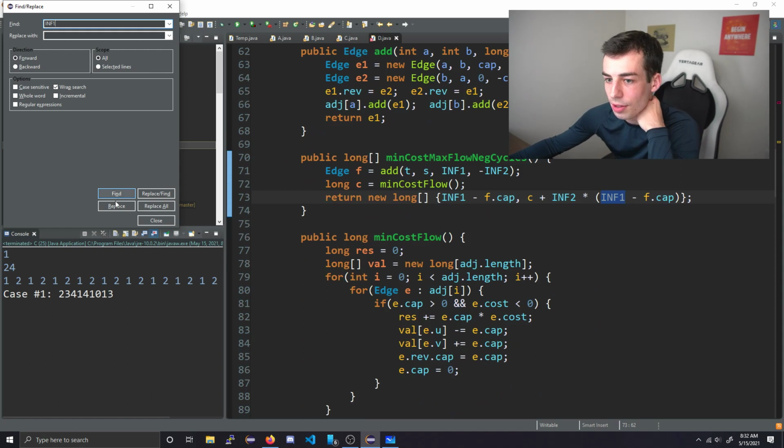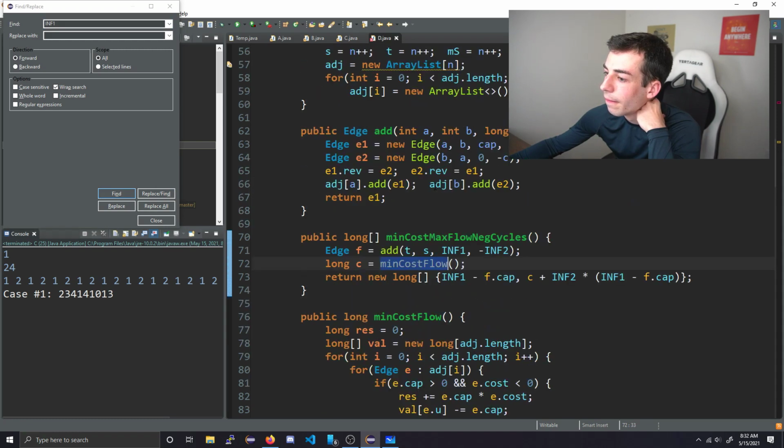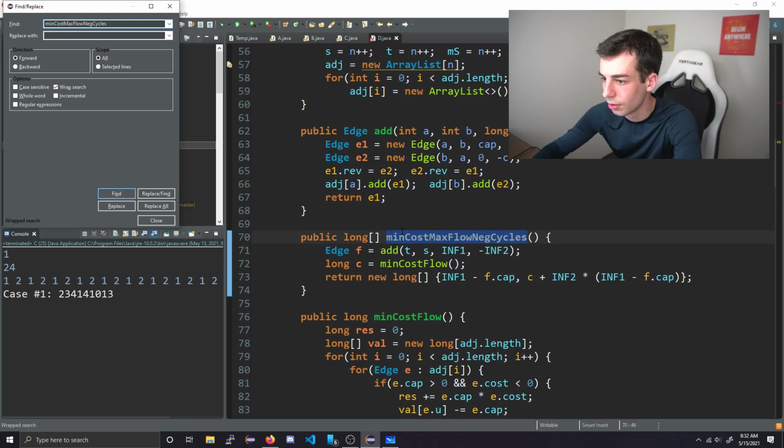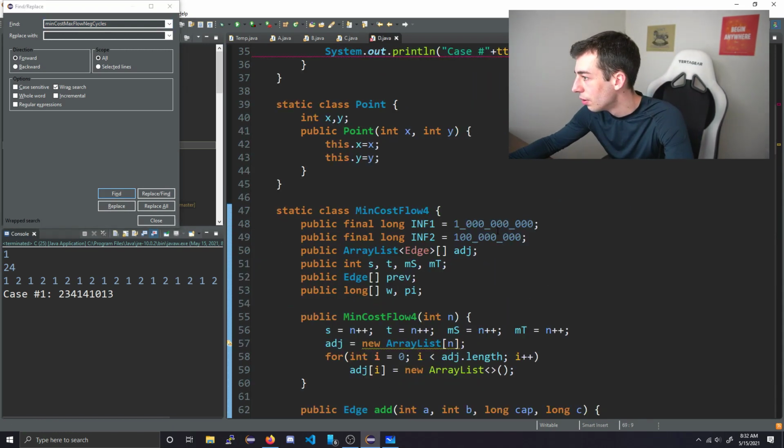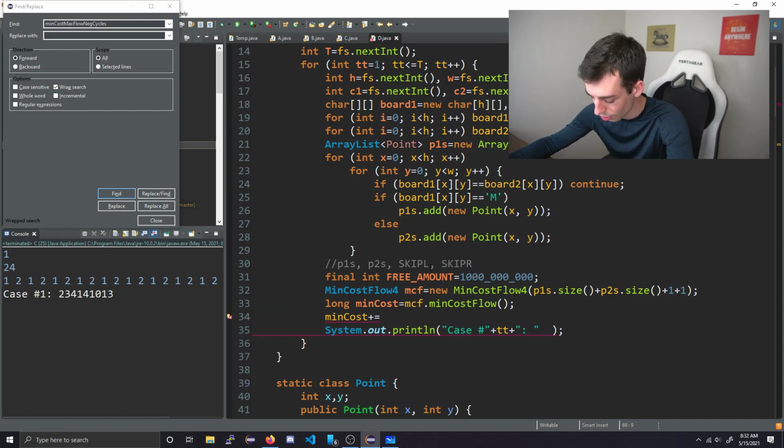Yeah, inf1 is the max flow. Do we need this? This is never used, okay. Should there be negative cycles? Probably not. I don't think there are any cycles even.